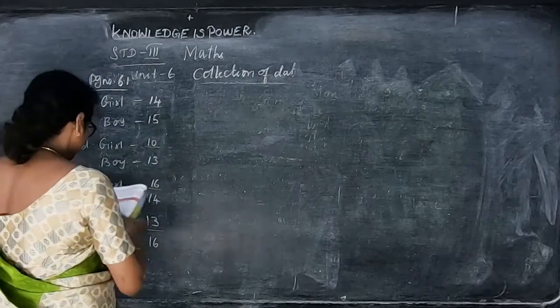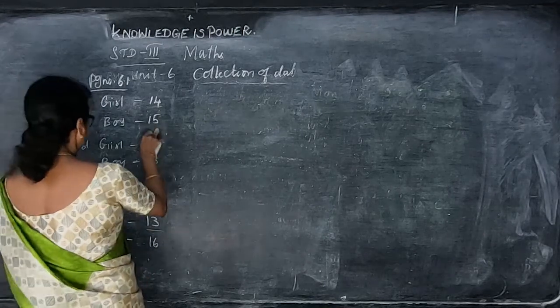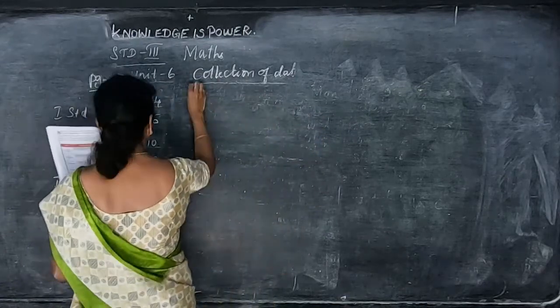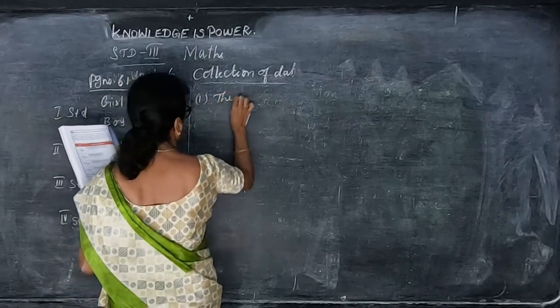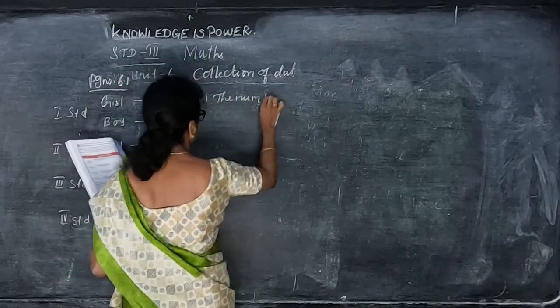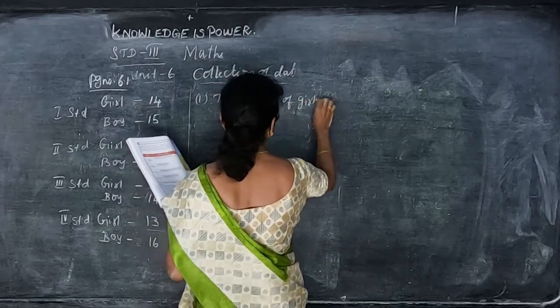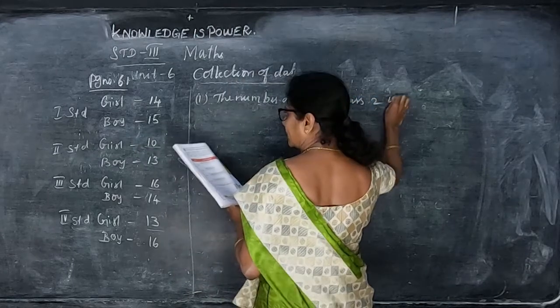Now we have to answer the following questions and you have to draw the boys. Now if I put 15, you have to draw 15 boys. Now completing the questions here, they have given the number of girls in class 2. How many girls?